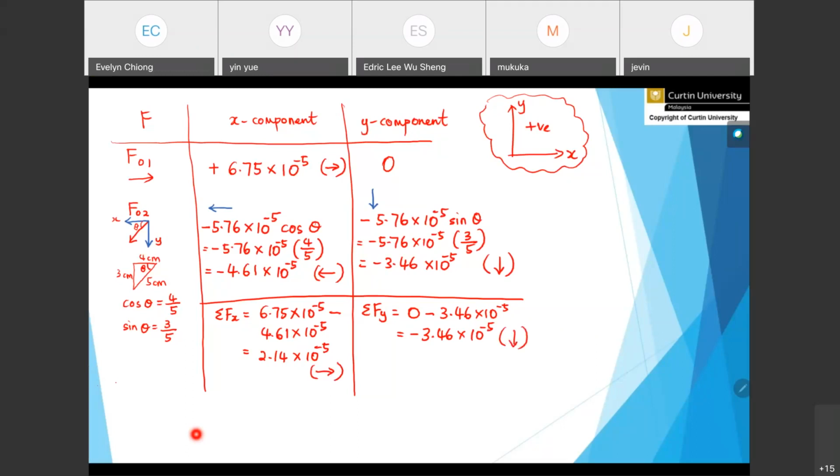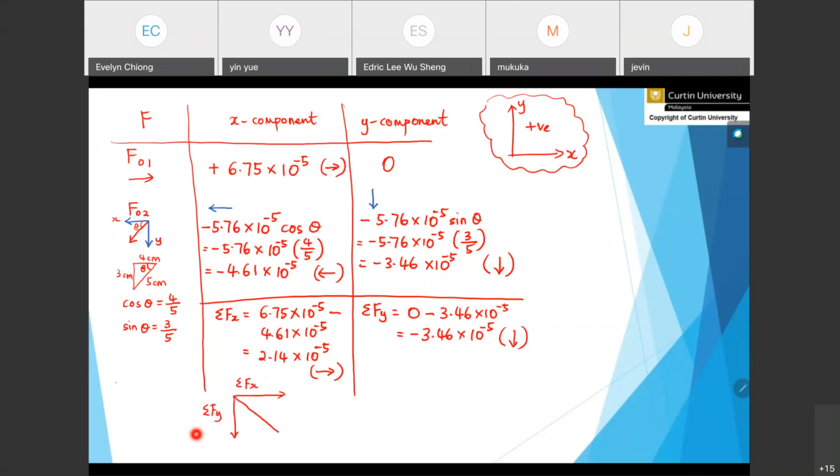Okay, so after getting this, then we want to get the net force. Okay, so how do we get the net force? Just like how we calculate A square plus B square equals C square. Okay, so now the force is like this. This one is pointing here, this is your Fx, and then this one is down, this is your Fy.